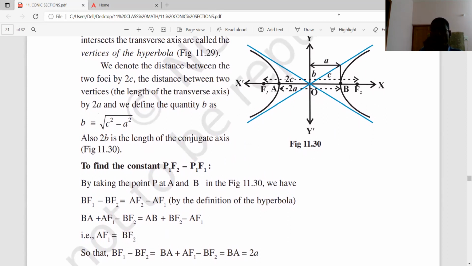Like yesterday I showed, today also we'll do it. PF2 minus PF1 is a constant, equal to k. Now we have to find this: PF2 minus PF1.